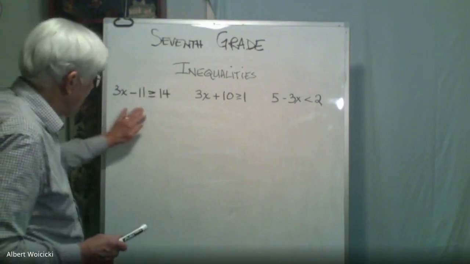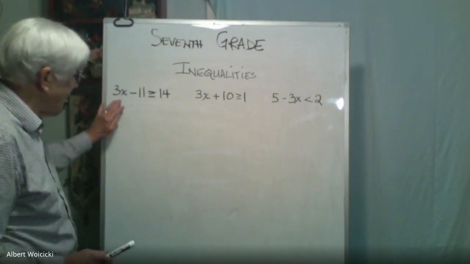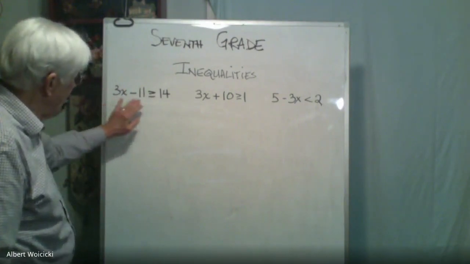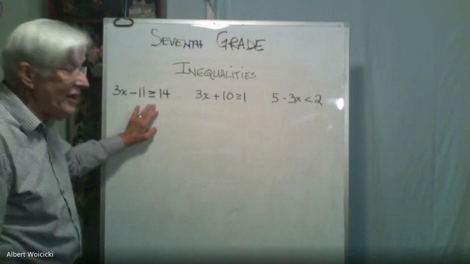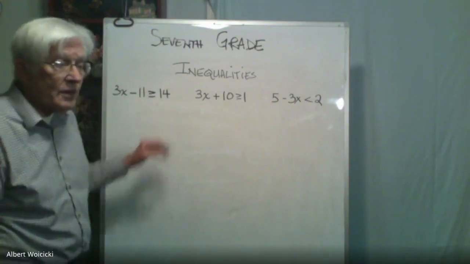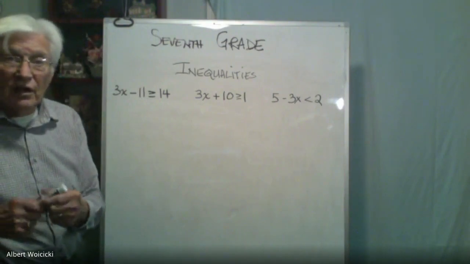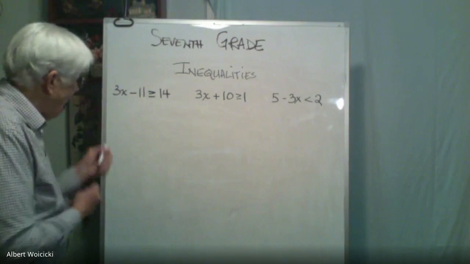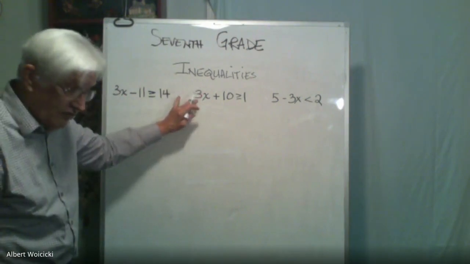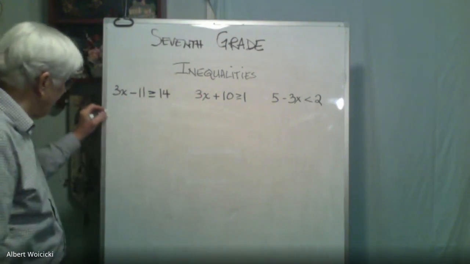First of all, this is a standard inequality. It says that 3 times the number, subtract 11, is greater than or equal to 14. Now, we're going to do exactly the same thing we did with equations. We're going to move this 11 over to the other side by adding 11 on both sides of the equation.